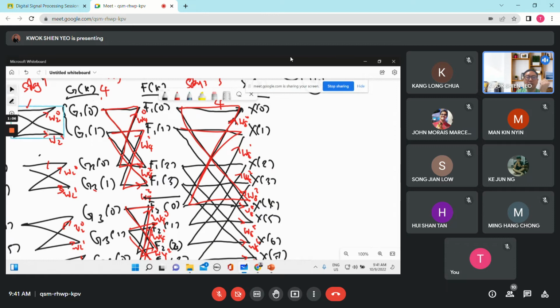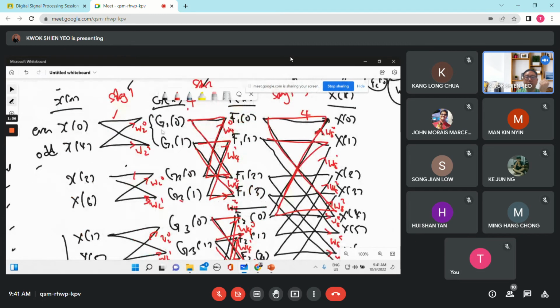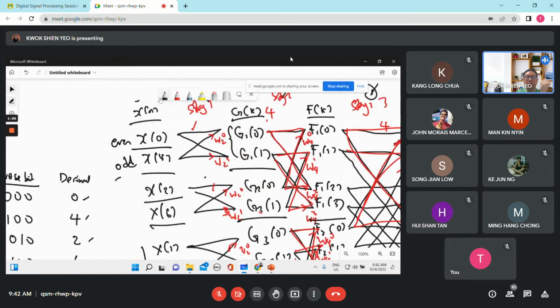Then after that, for the second stage, from 4, you half it into 2, right? So like this, right? So 2. Then after that, finally, you half it into the smallest value. Then you draw the connection. Okay, for the arrangement of xn, you use the bit reversal method.